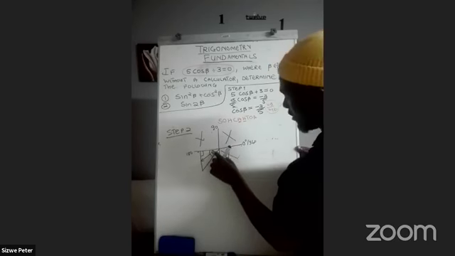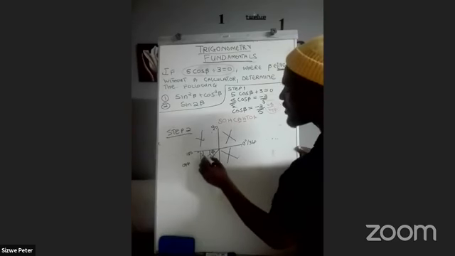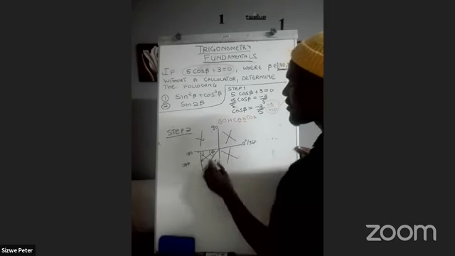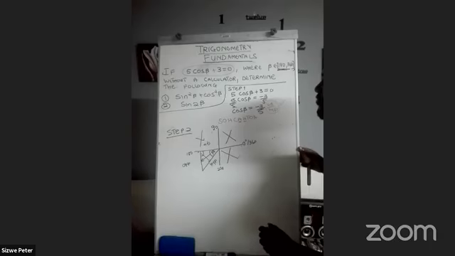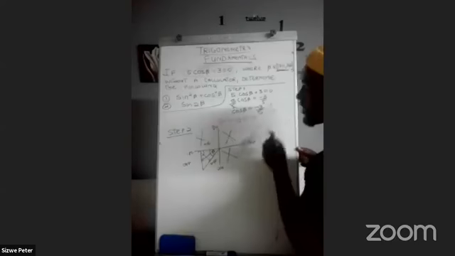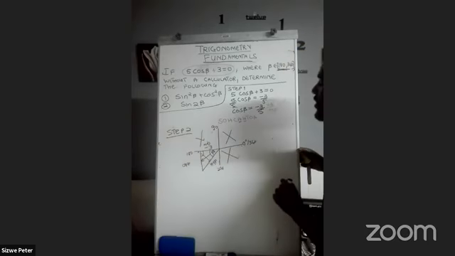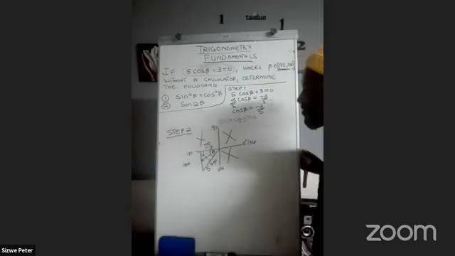Opposite to 90 is your hypotenuse. The remaining one is adjacent. Are we fine? What is my adjacent? It's minus 3. Your hypotenuse is 5.